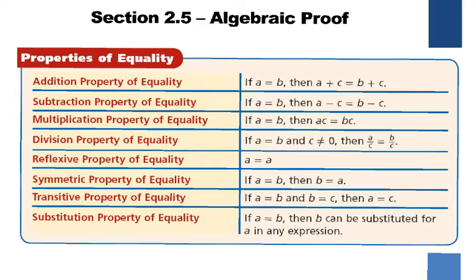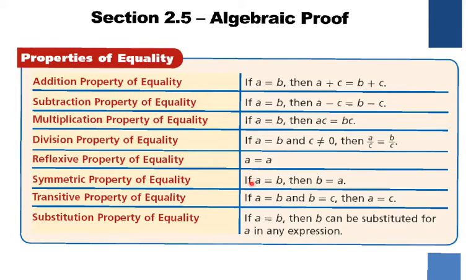Reflexive property of equality. Reflexive is just the case of being redundant, kind of. We know that A equals A, and sometimes we have to state that, and you'll see an example in a little bit where we do have to state that. Symmetric property of equality. Sometimes we do have to state this.